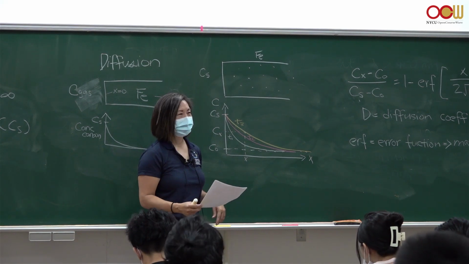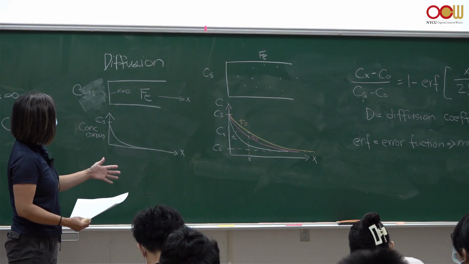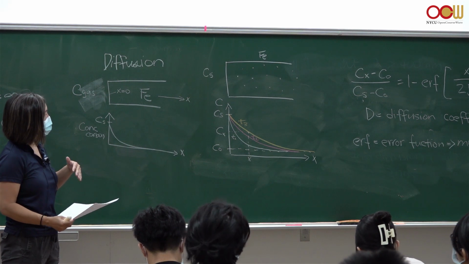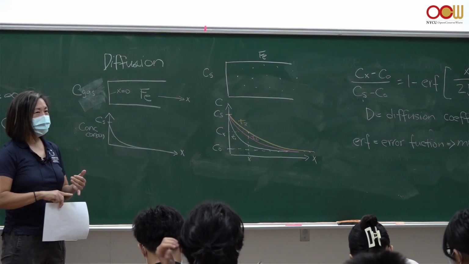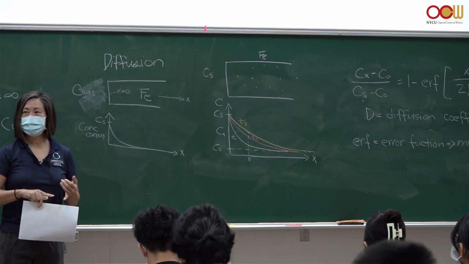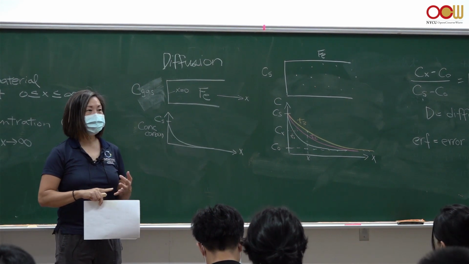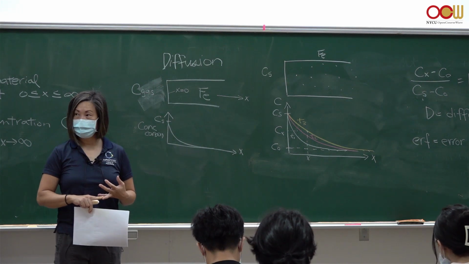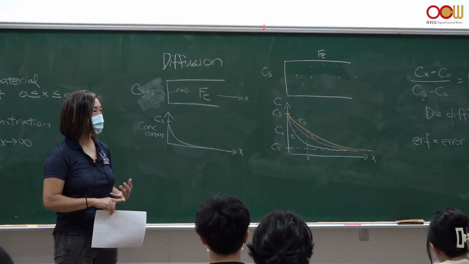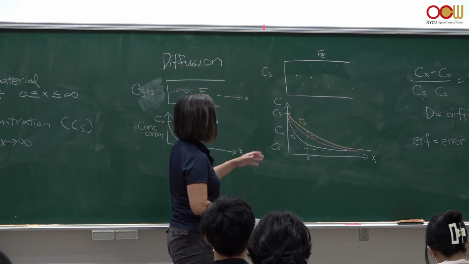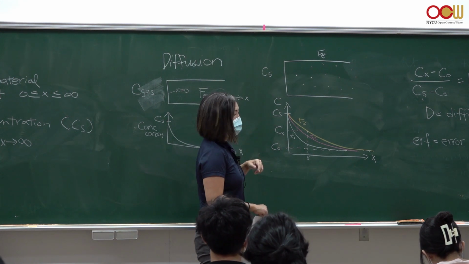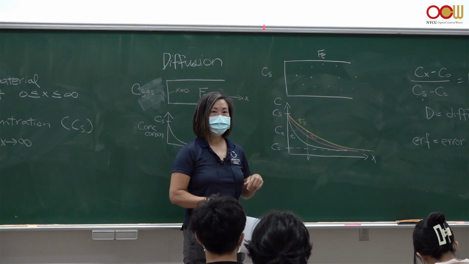Before I go there, this equation tells us how diffusion will change depending on the distance that it has to diffuse, right? It tells us how things will change based on the time that you give it to diffuse. It tells us how things will change depending on the surface concentration.